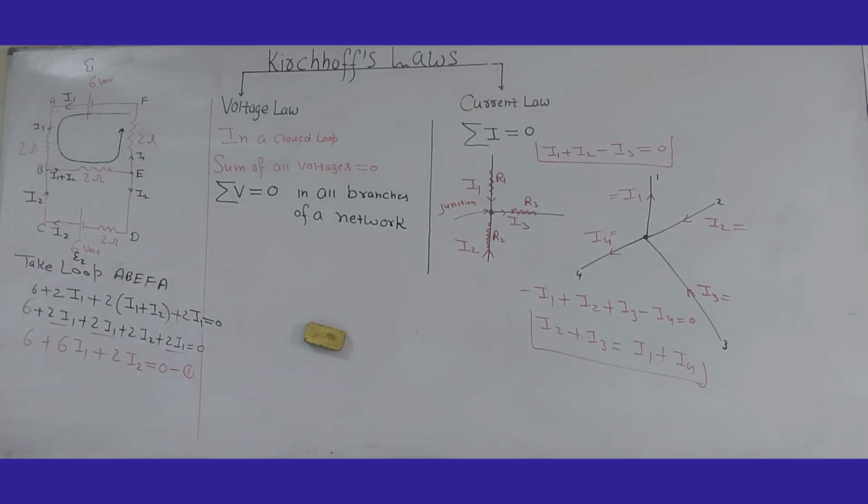Likewise, from the lower loop, again, I will get one equation. So how to get it? Now I will move from the lower loop. You can move clockwise or anti-clockwise, that's your choice.